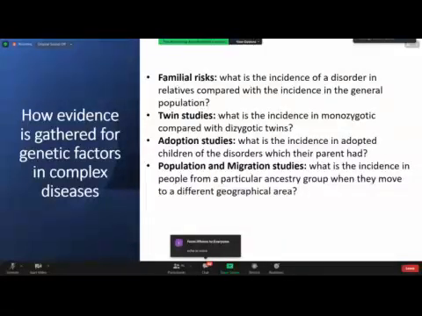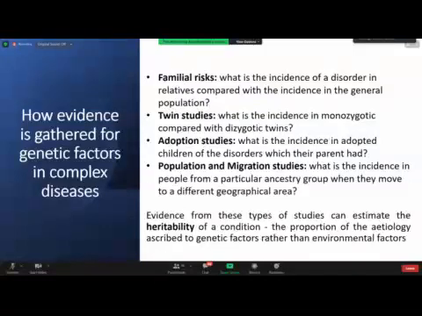So these all factors take us to find कि कितनी genetic evidence है और कितनी environmental evidence है. So evidence from these types of studies can estimate the heritability of the condition, the proportion of specific genetic factors, and environment का कितना role हो सकता है.